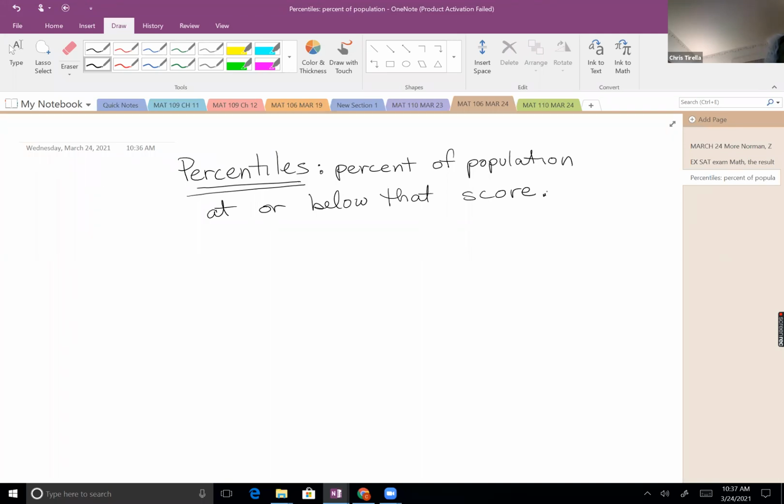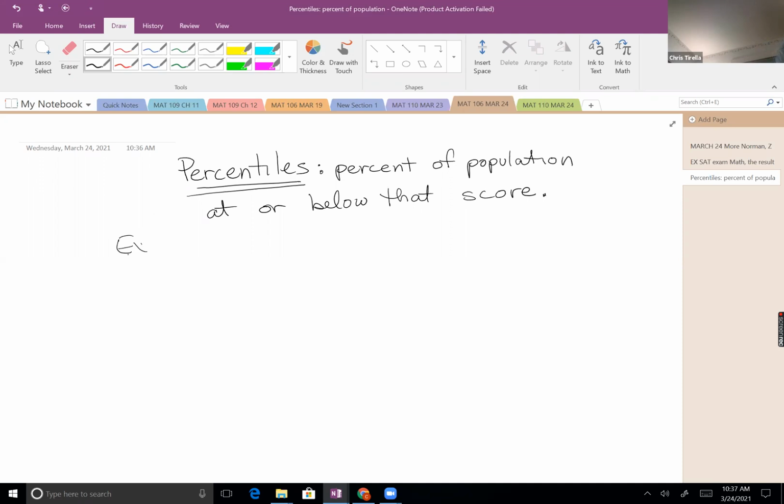For example, my kids were consistently at the 25th percentile for height, which meant that of all of the kids their age, they were taller than 25% of the kids, which also meant they were shorter than 75% of the kids.